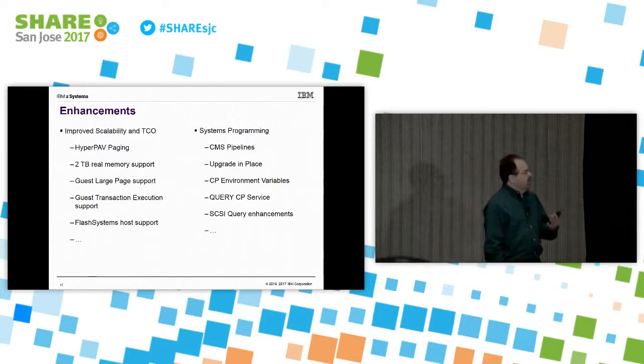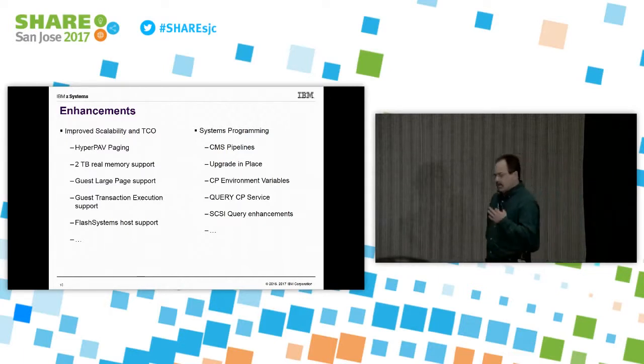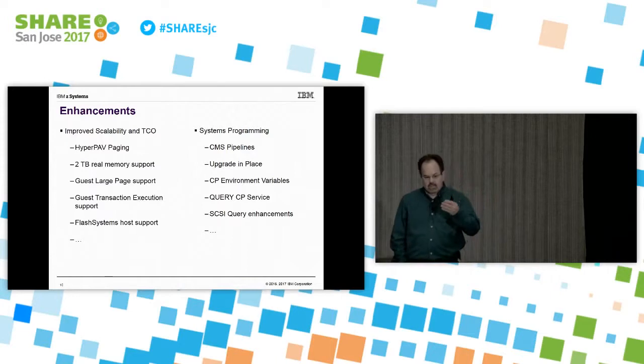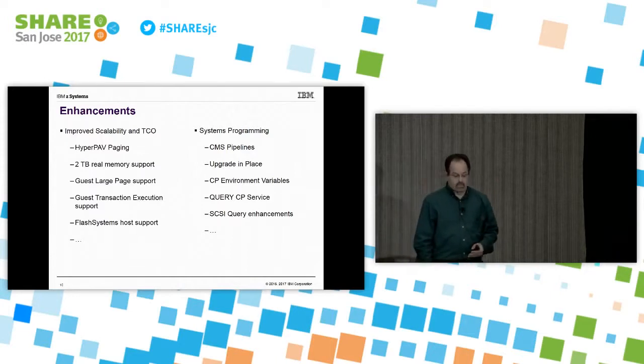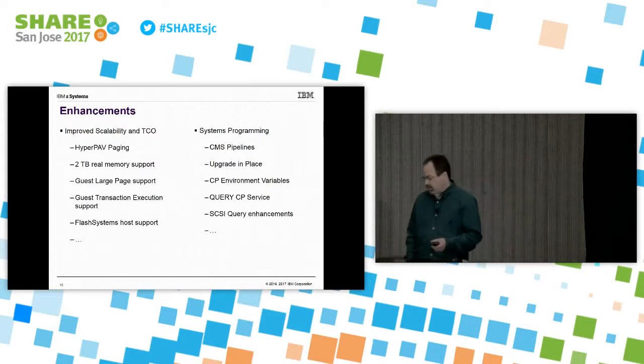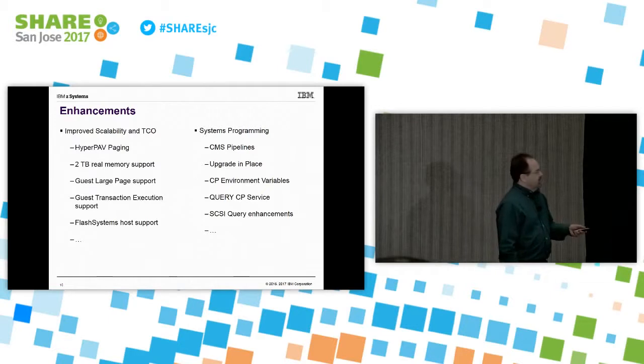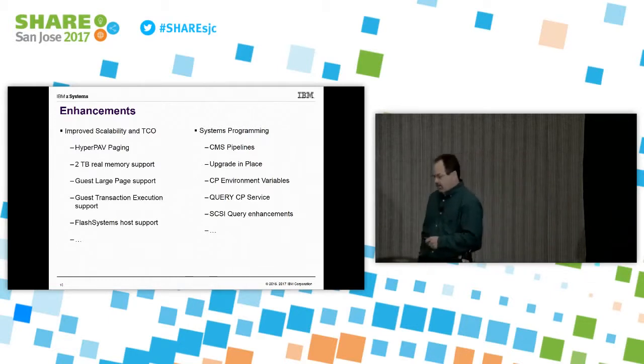Upgrade in place, environment variables, and Query CP Service, where you can get a list of service, or check all the service that's applied to my system, or whether this particular PTF or APAR is applied to my system, so you can get information about that. And the disk query enhancements for SCSI and ECKD, and so on in both categories. So we'll talk about some of those other things as well.